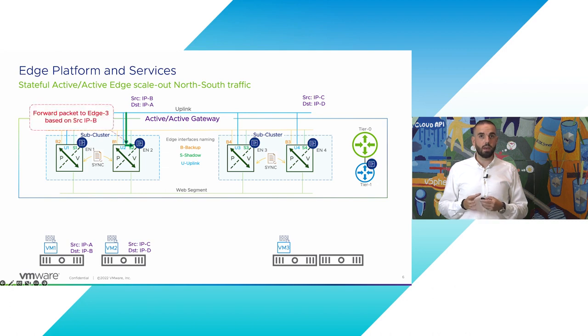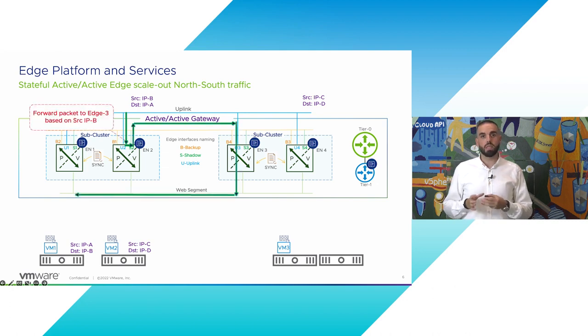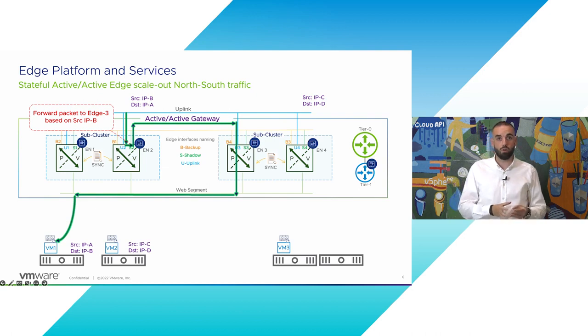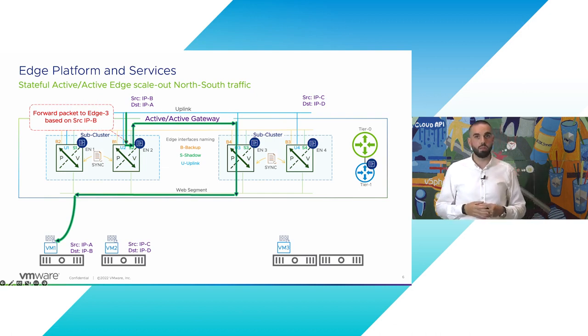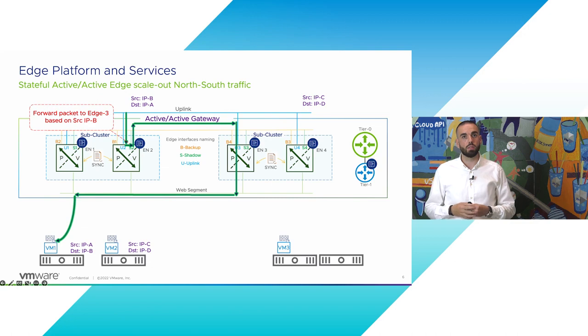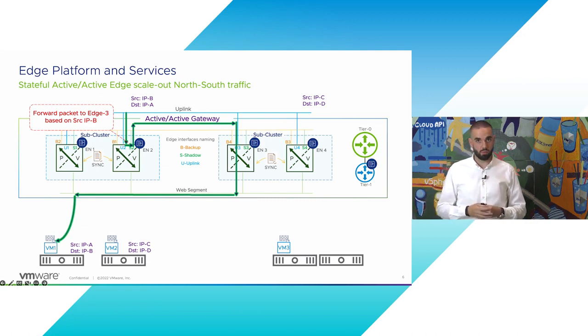We are seeing that our top-of-the-rack router, based on its hashing algorithm, decides which edge node the traffic needs to be forwarded to. In that specific case, our top-of-the-rack router is forwarding packets to our edge node 2. Then, based on the source IP address, edge node 2 decides which is the desired edge where stateful services need to be executed, and that is edge node 3.